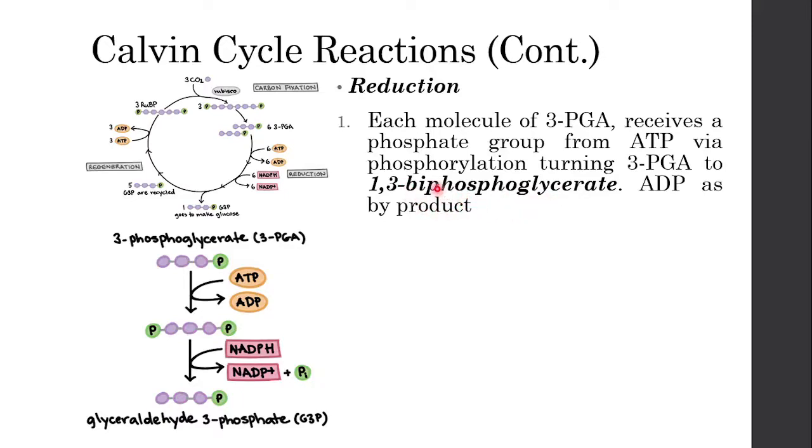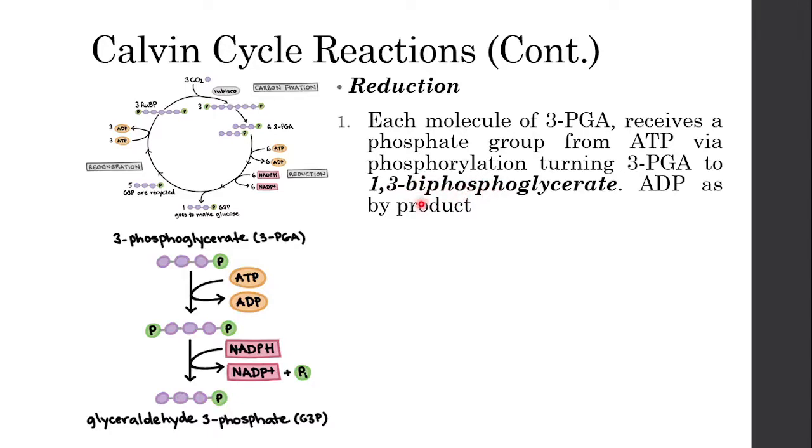1,3-biphosphoglycerate. So 3-PGA is just 3-phosphoglycerate. 3 is actually the number of the carbon. So when we mean 1,3, it means the 1 carbon and 3 carbon contain a phosphate.